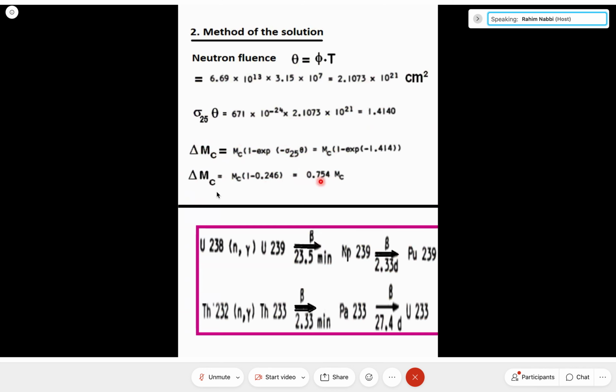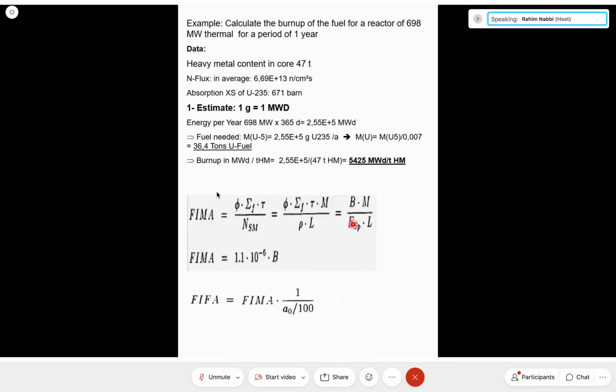That means 75% of the initial mass of uranium-235 would be lost. 75%. You see, that is a completely different unit, in percent. But previous steps have been in FIMA or FIFA, or initially in megawatt day per ton heavy metal.